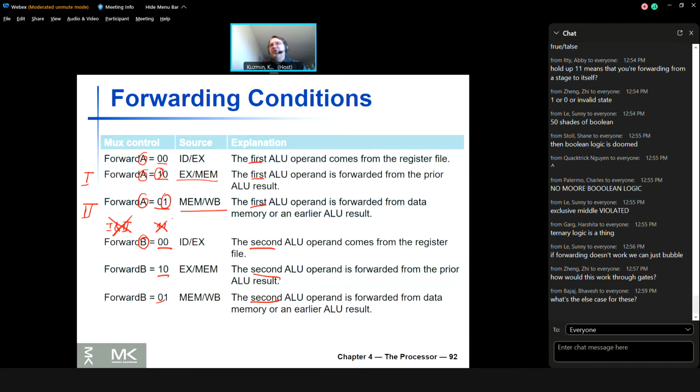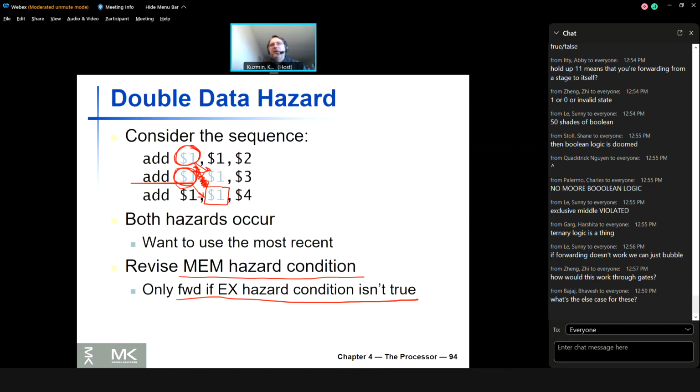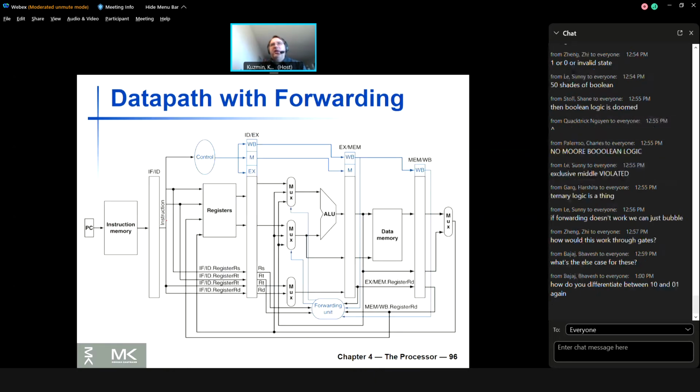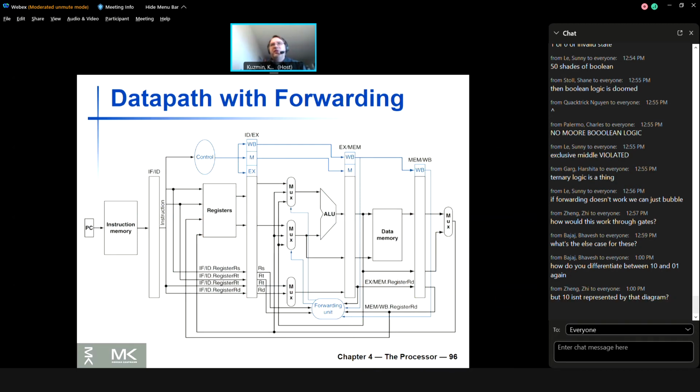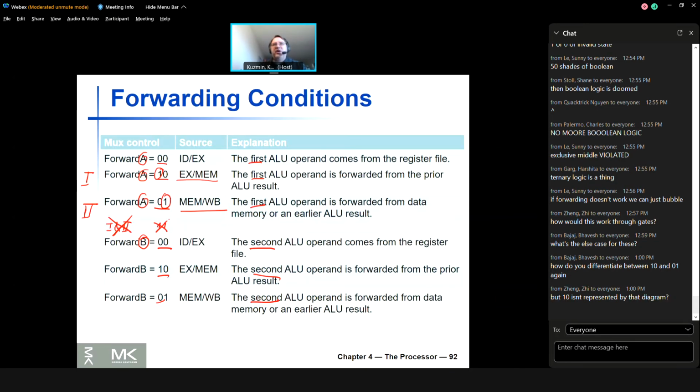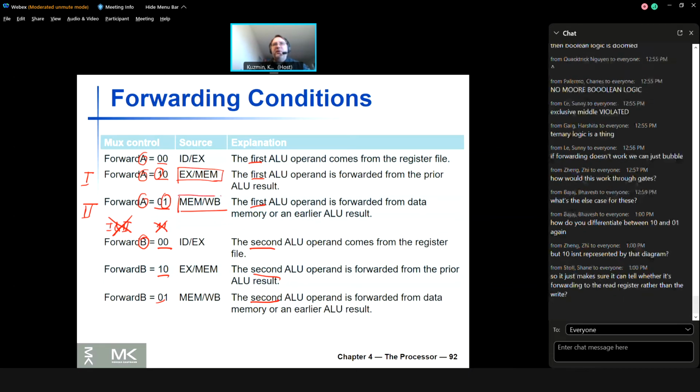Those are 3 alternatives. And here is our data. How do you differentiate between 1, 0 and 0, 1 again? The difference is whether we have EX/MEM or MEM/WB.